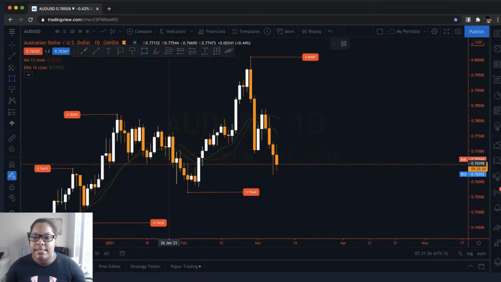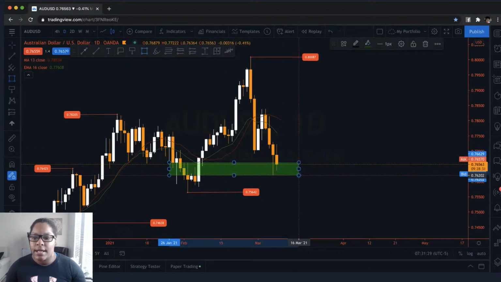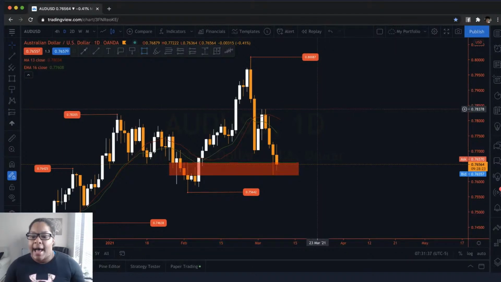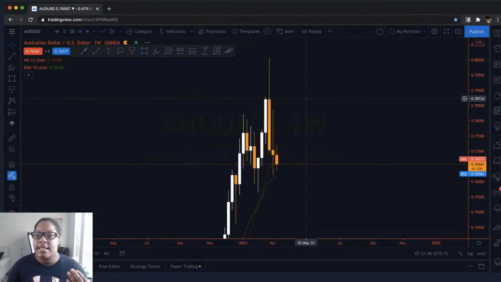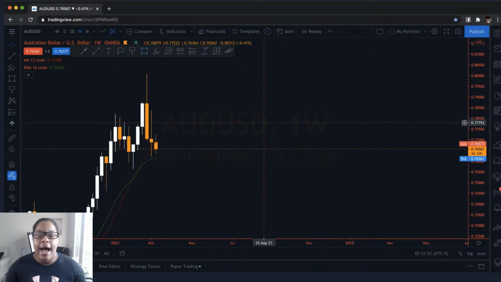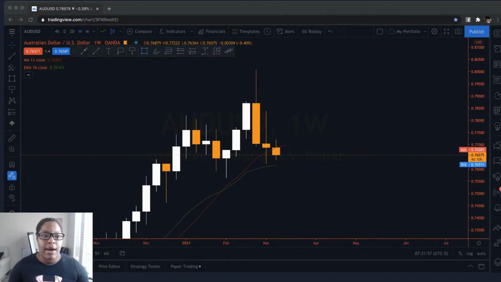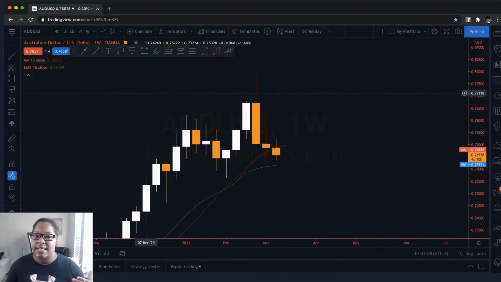So I want price to stay above this particular area down here, which is still above 0.756, based on one of my candles that I love entering trades on. So I have that area scattered out. If I wanted more confirmation of where I want to enter a trade, I'm going to scale up to the higher time frame. I'm going to go up to the weekly time frame. One of the reasons is that I want this to confirm that if price does stay above the area that I just scattered out on a lower time frame, I can get a little bit more confirmation. I just want to confirm the trend.